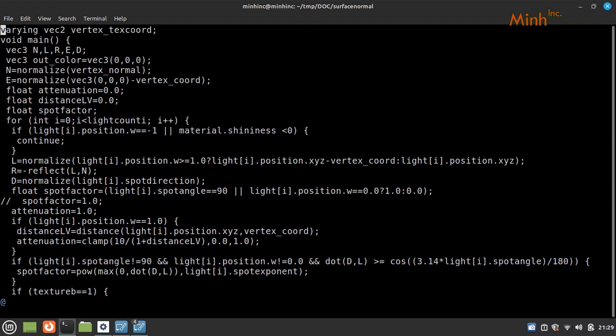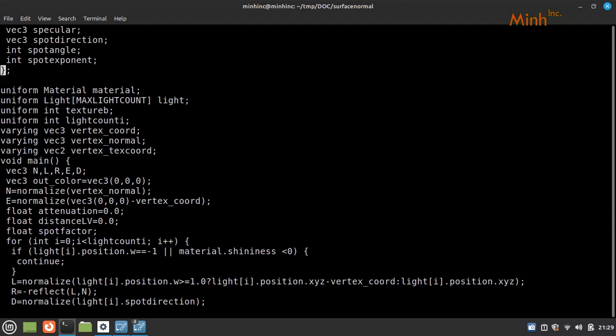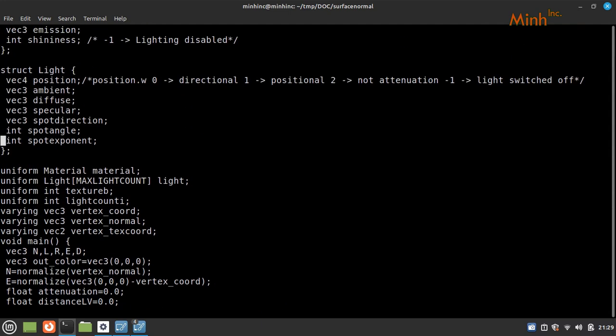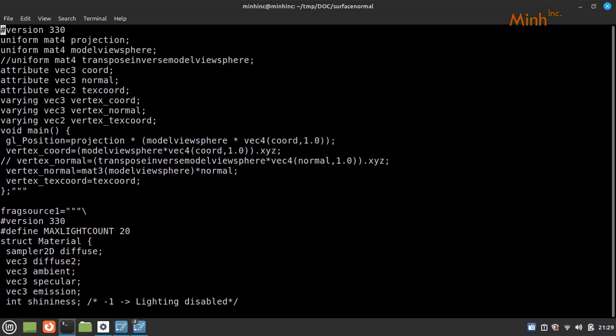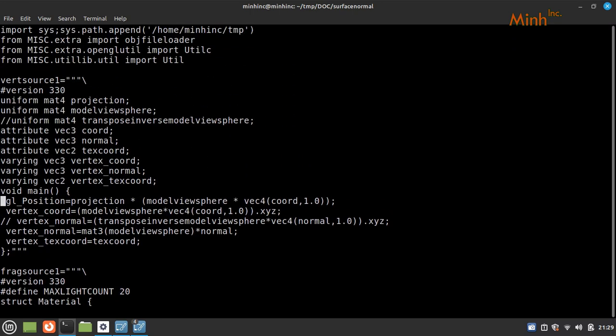There is no model view lighting and no transpose inverse of lighting, nothing. There is no transpose inverse at all in the shader code, not required. This saves a lot and gives high speed graphics.